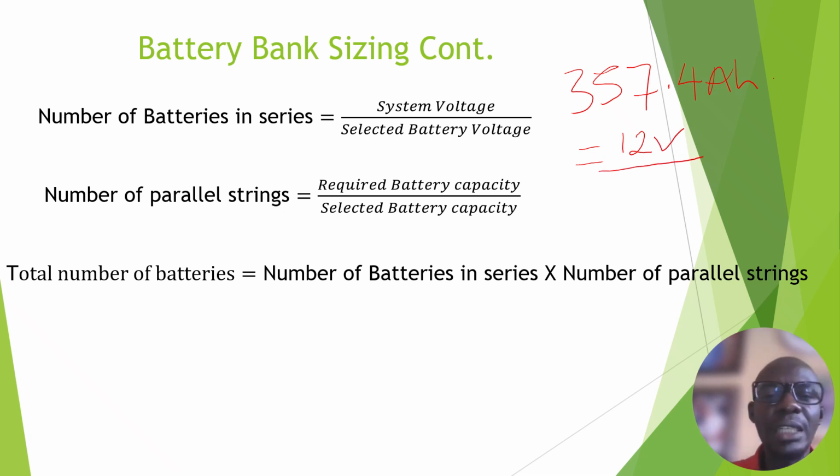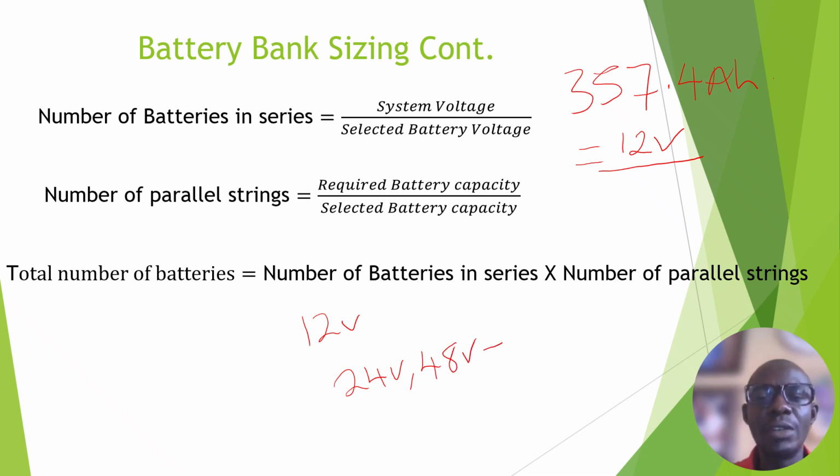Batteries usually come in 12 volts. Are you getting it? Mostly they come in 12 volts, all these lead acid batteries. We now have batteries that come in 24 volts and 48 volts, mostly lithium ion phosphate batteries.